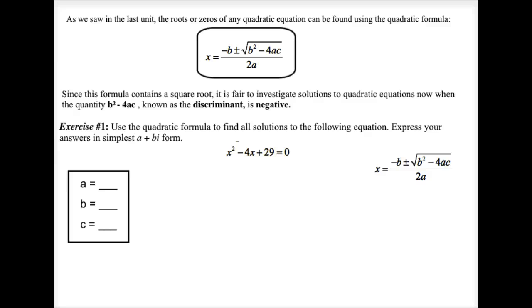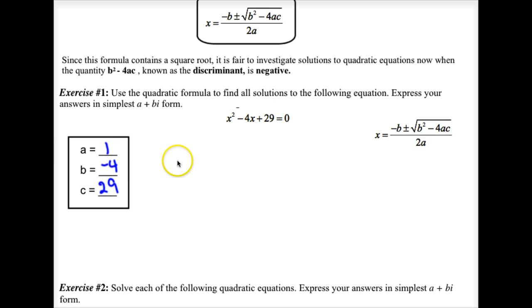As always, what's my a, what's my b, and what's my c? So in this example here, x squared minus 4x plus 29, my a is 1, my b is negative 4, my c is 29. So I want to go ahead and set up my quadratic equation.